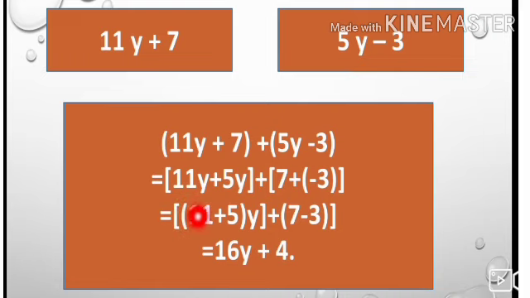We know how to add algebraic terms. So to add the algebraic terms 11y plus 5y, we have to add the coefficients alone. In the next bracket, using properties of integers, we can add 7 plus minus 3, which gives 7 minus 3, that is 4. Now 11 plus 5 is 16. So 16y plus 4. Now let us see example problems.